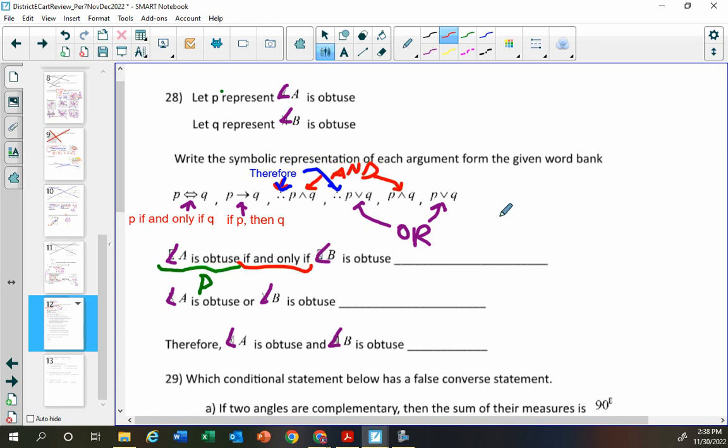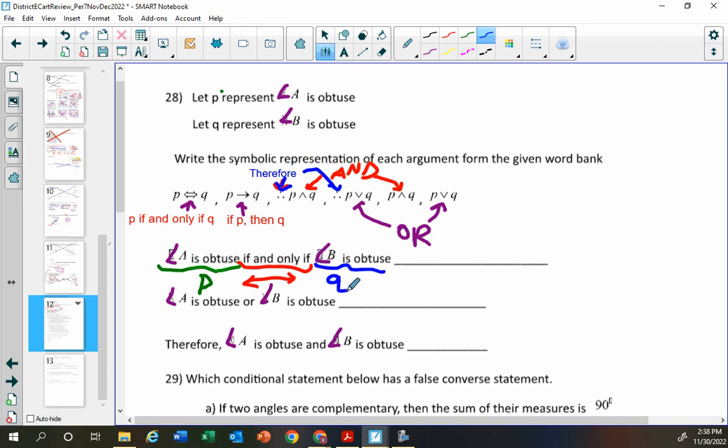Which symbol out of all these symbols up here represented the if and only if? The both-way arrow. Good. And then B is obtuse. That's represented by the Q phrase.